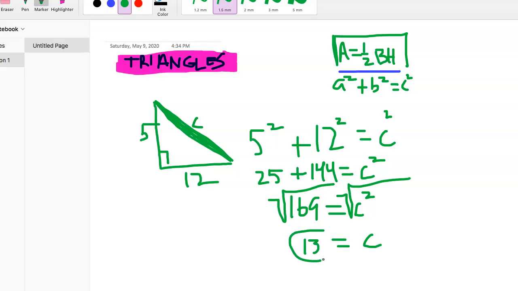Okay, so it's nice to know some of these square root numbers. 169 is getting up there, but in terms of multiplication, it's a lot easier if you happen to know that 11 times 11 is 121, 12 times 12 is 144, 13 times 13 is 169.